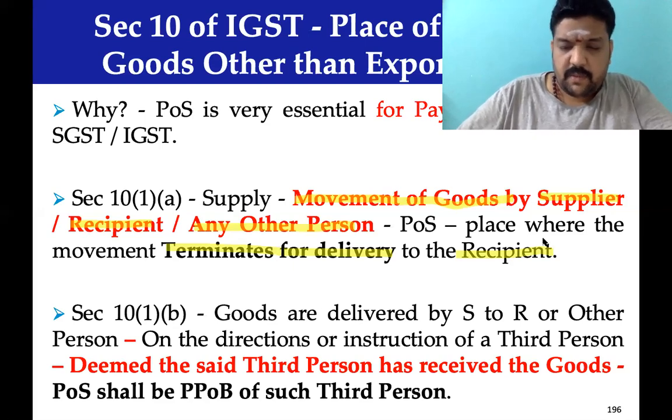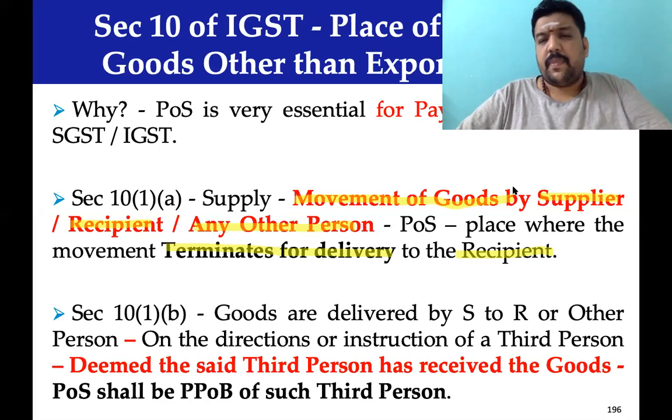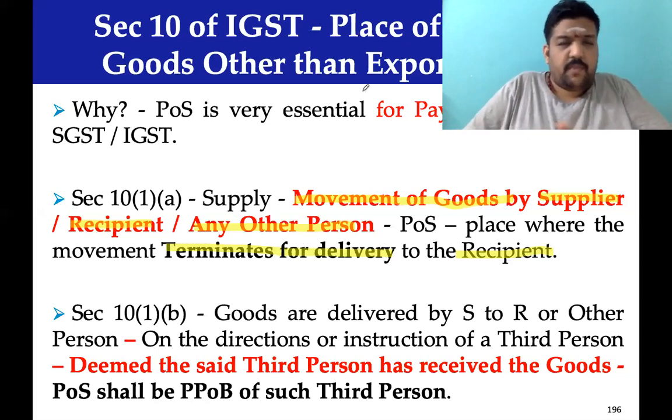Place of supply of goods will be PQ Limited in AP, Vizag, supply goods to RS Limited in Kerala, of course, Kochi.